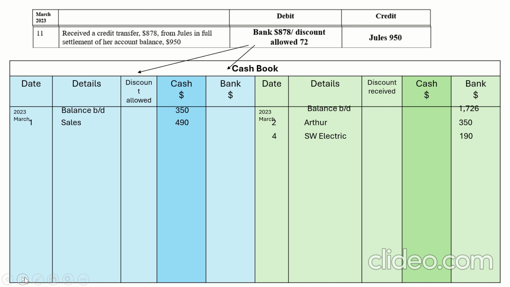So this reflects on the debit side of the cash book. Discount allowed, bank. So 11th, opposite account's name Jules, trade receivable. Discount allowed 72 and the bank column should be debited by 878.